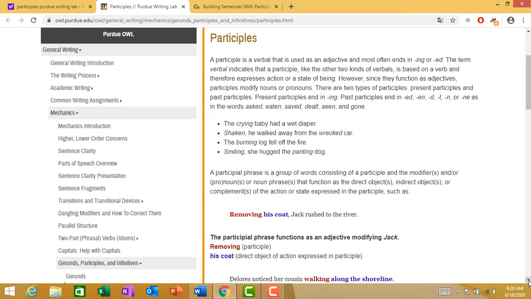Now let's read about the participial phrase. A participial phrase is a group of words consisting of a participle and the modifiers, pronouns, or nouns that function as direct object, indirect objects, or complement of the action or state expressed in the participle. For example, removing his coat, Jack walked to the river.